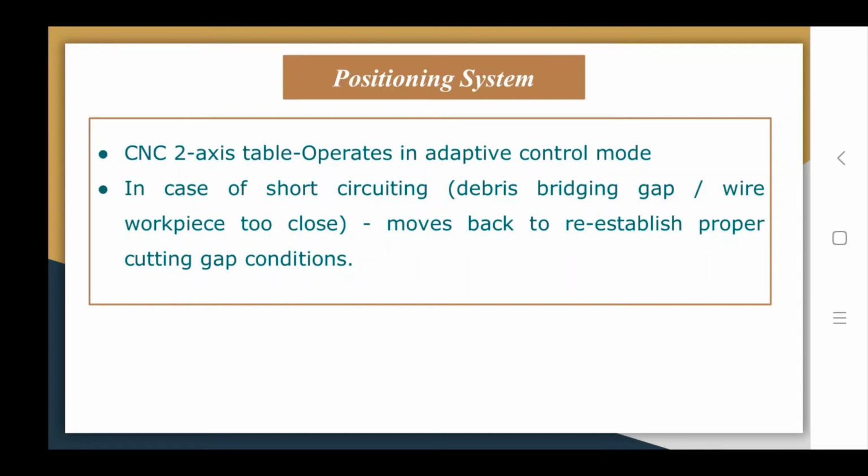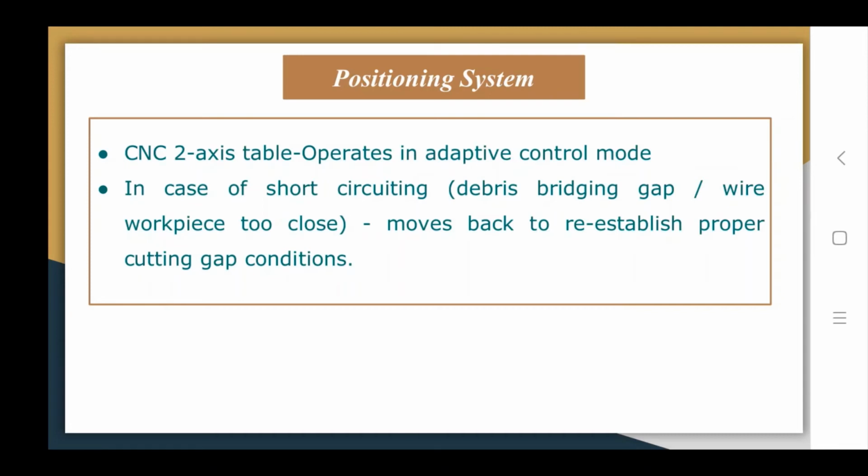Adaptive control mode means that, because you are cutting the workpiece in a complicated contour, sometimes the wire touches the workpiece surface, and there is a cut-off protection circuit and also a servo system.